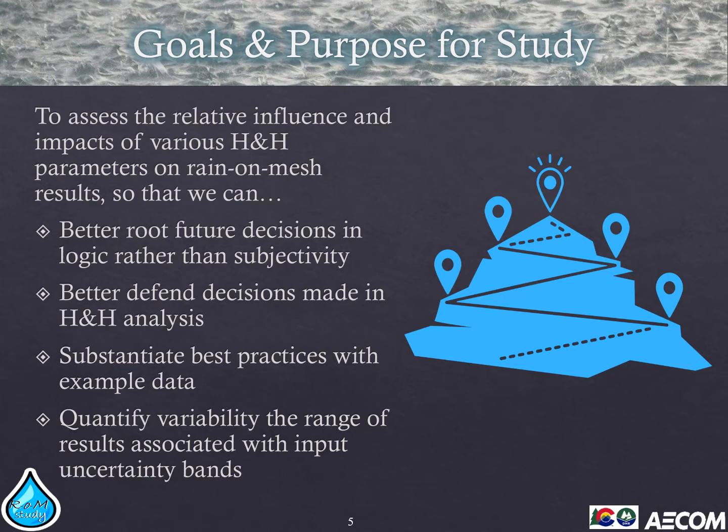Based on those results, we can make better future decisions based on quantified rather than subjective qualified information. This will also help us defend decisions when H&H analyses are either questioned or scrutinized, and it'll help substantiate best practices moving forward using this example data in terms of what you should select for different regions based on your watershed characteristics.